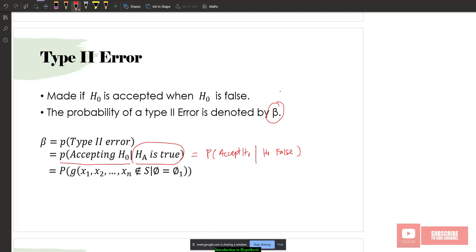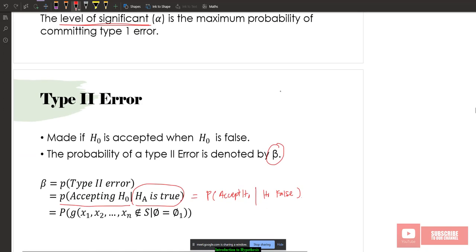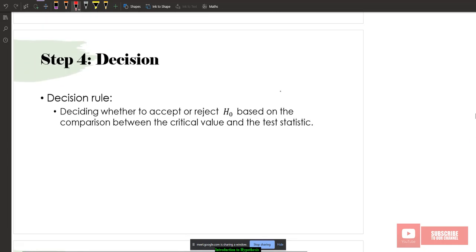Basically we're going to look at type 1 error and type 2 error thoroughly in the next topic. In this topic today we're going to look at very simple hypothesis testing, and how to solve problems using statistical tests. So earlier we looked at step number 3.